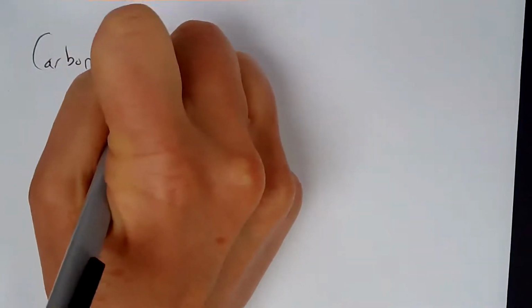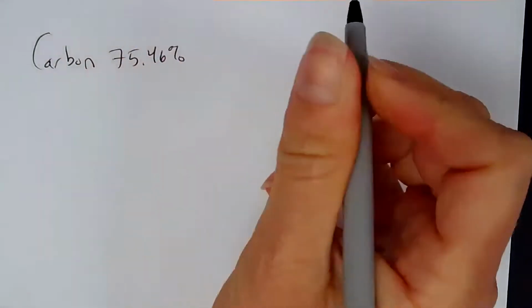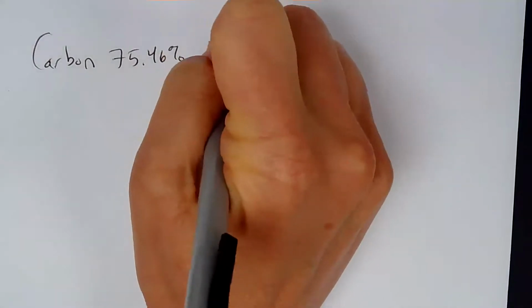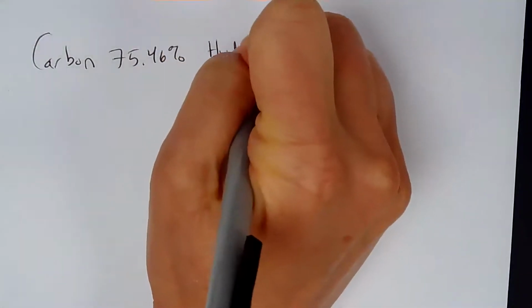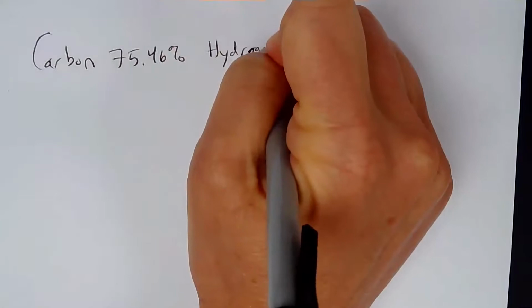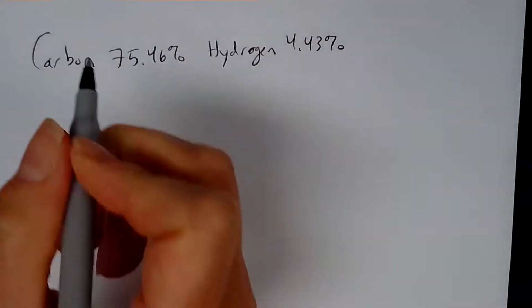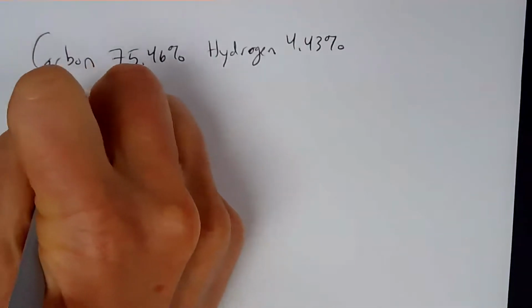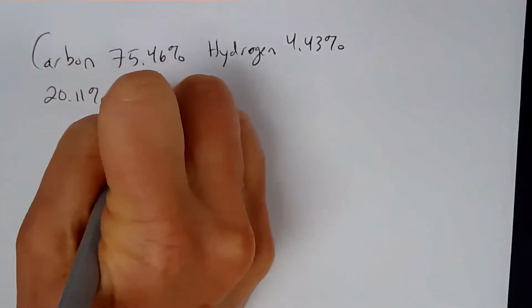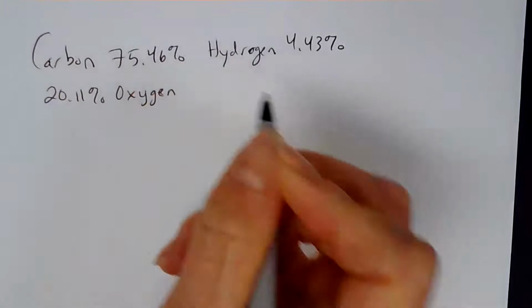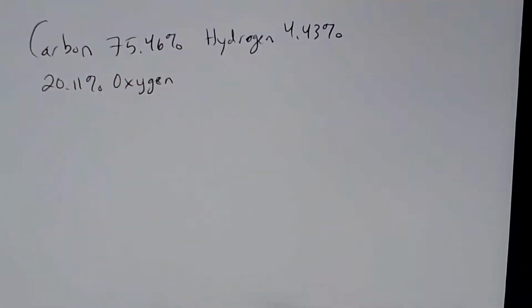I have 75.46%. Hydrogen, I have 4.43%. And I have 20.11% is oxygen. So see if you can find the empirical formula.